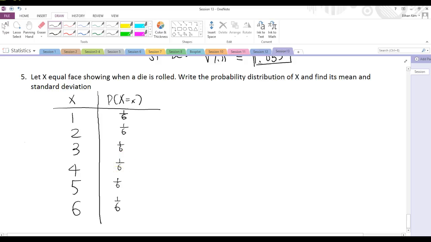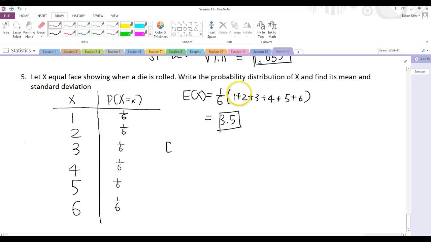So looking for the mean and standard deviation. So expected value of x is 1/6 times 1 plus 2 plus 3 plus 4 plus 5 plus 6, right? So if you do that, you'll get 3.5 as your expected value.